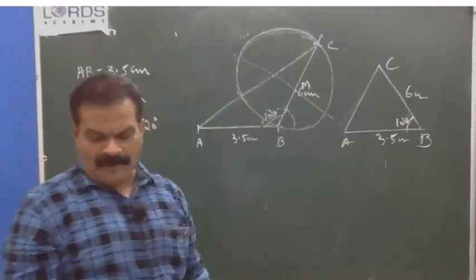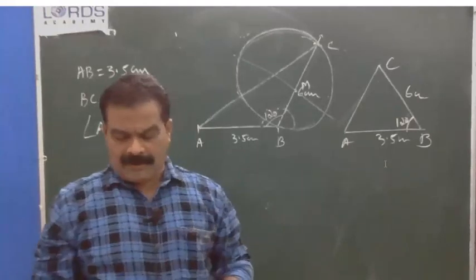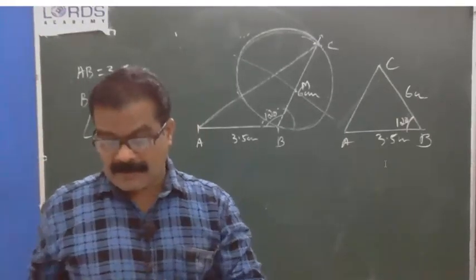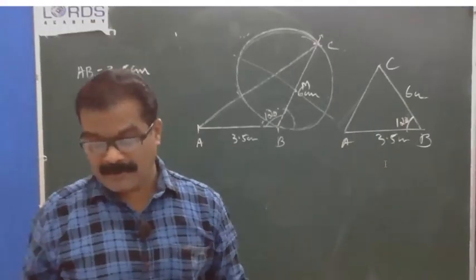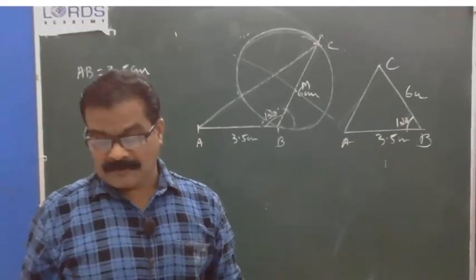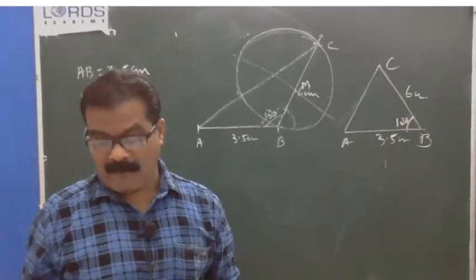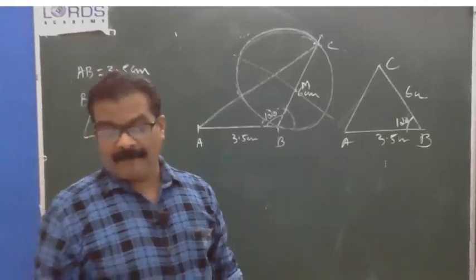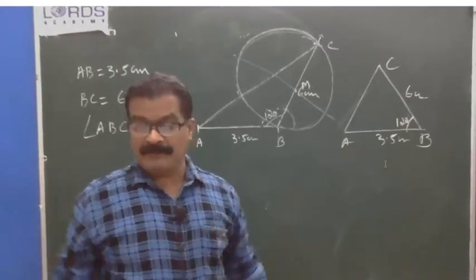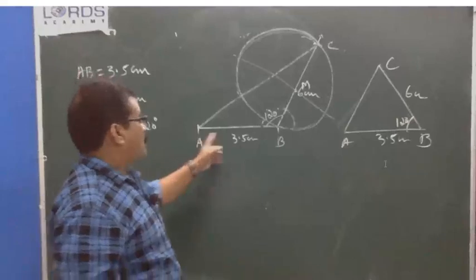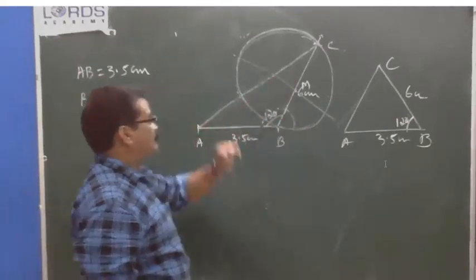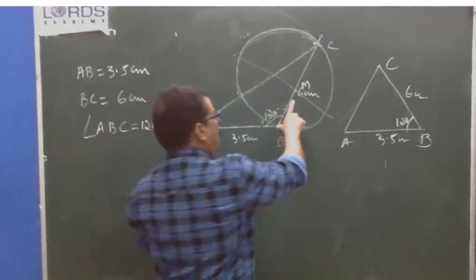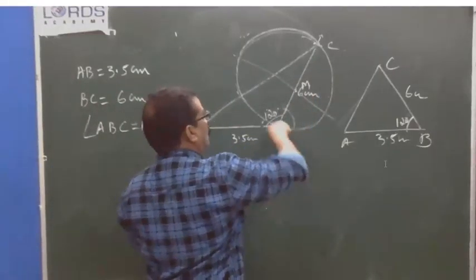Then next, the third one. Do it. First of all, construct the triangle, and then with BC as a diameter, you draw another circle.